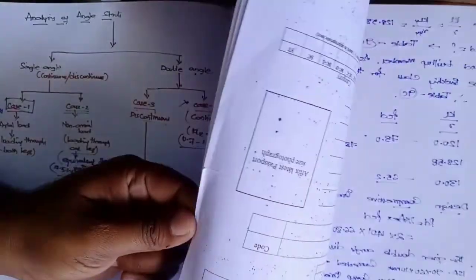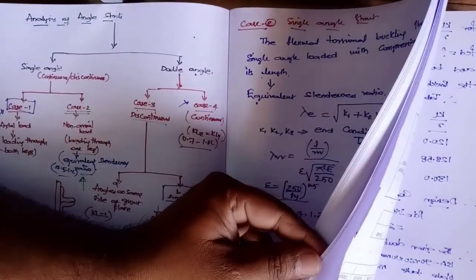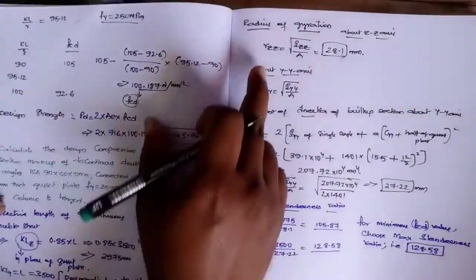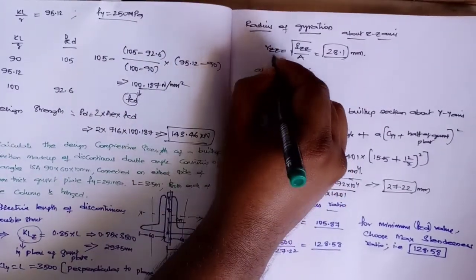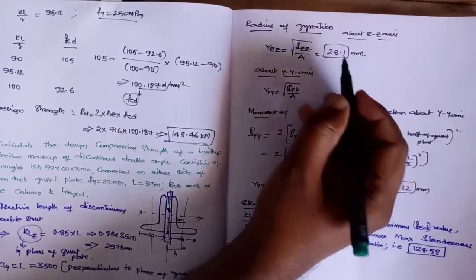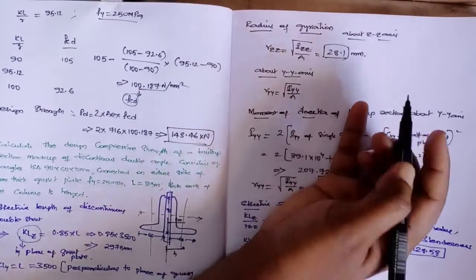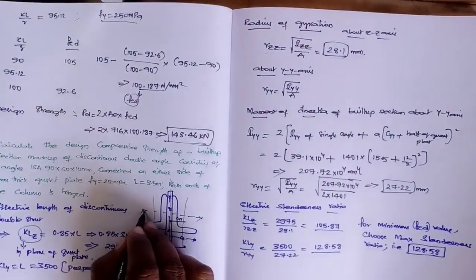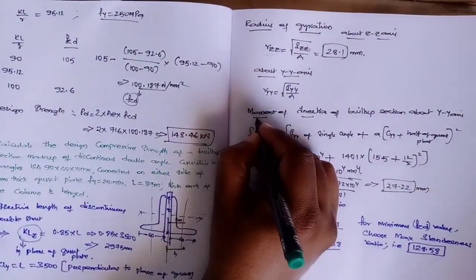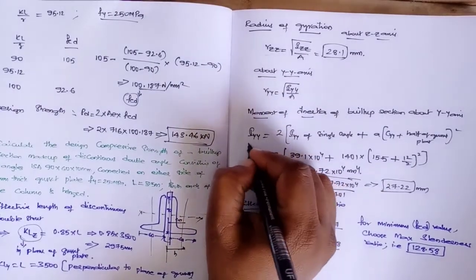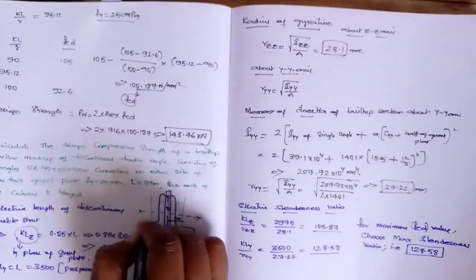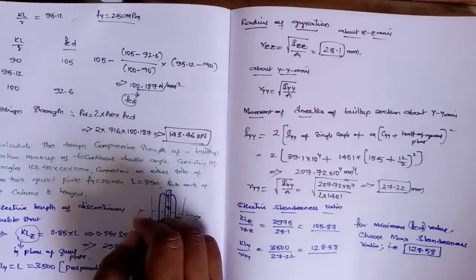What we did here is, this one you have taken directly from the steel table, whereas the moment of inertia of the built up section about the y-axis I have calculated, means axes are different for the whole section and the individual section.